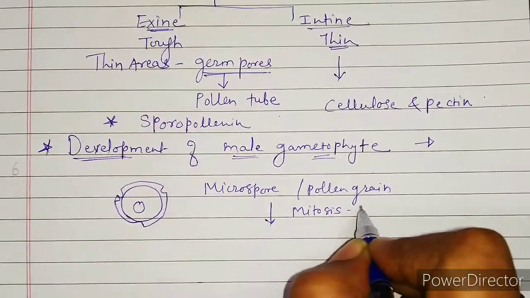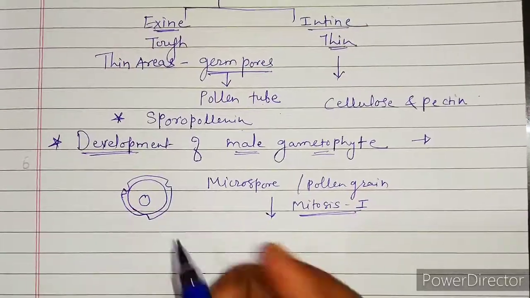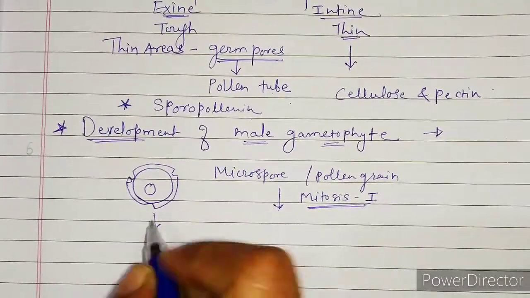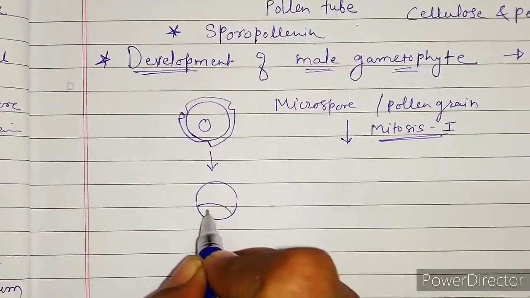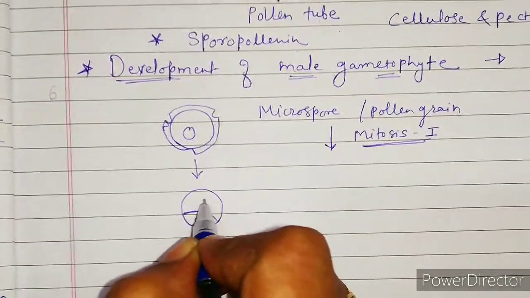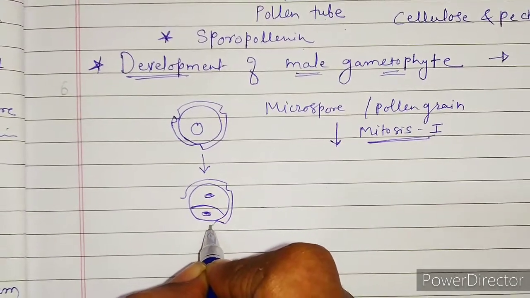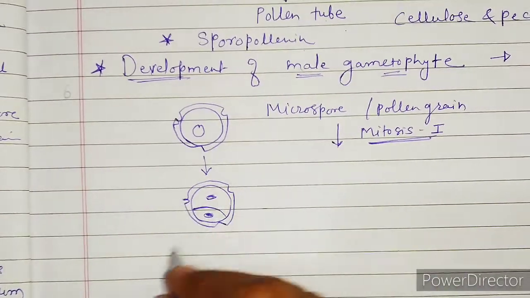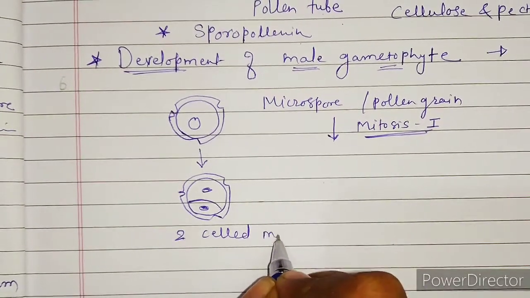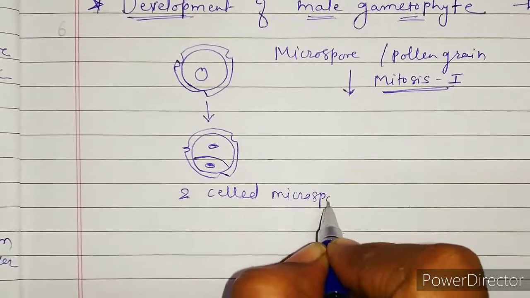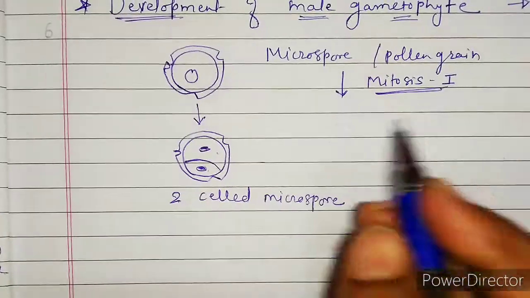First of all, mitosis 1 takes place in this pollen grain, and it gets divided into a two-celled structure like this. This is the two-celled microspore.